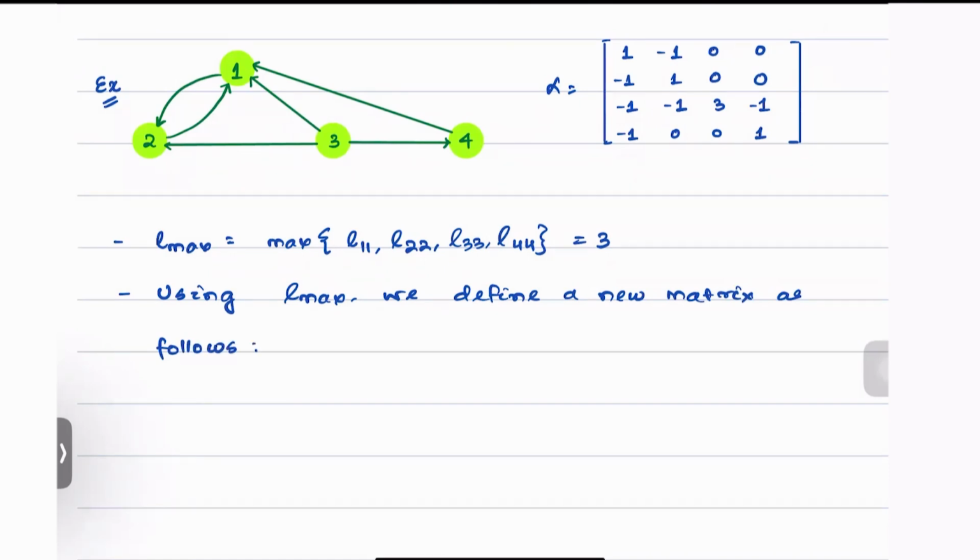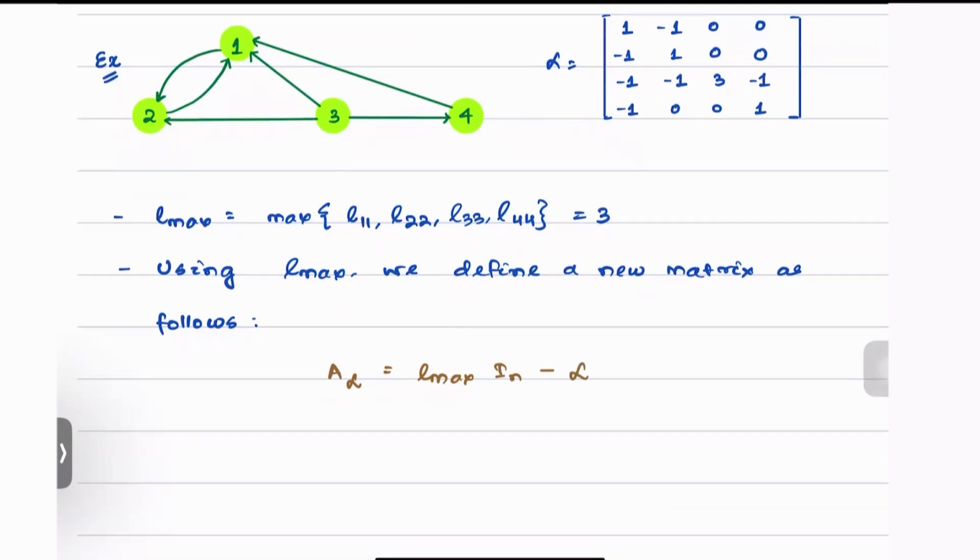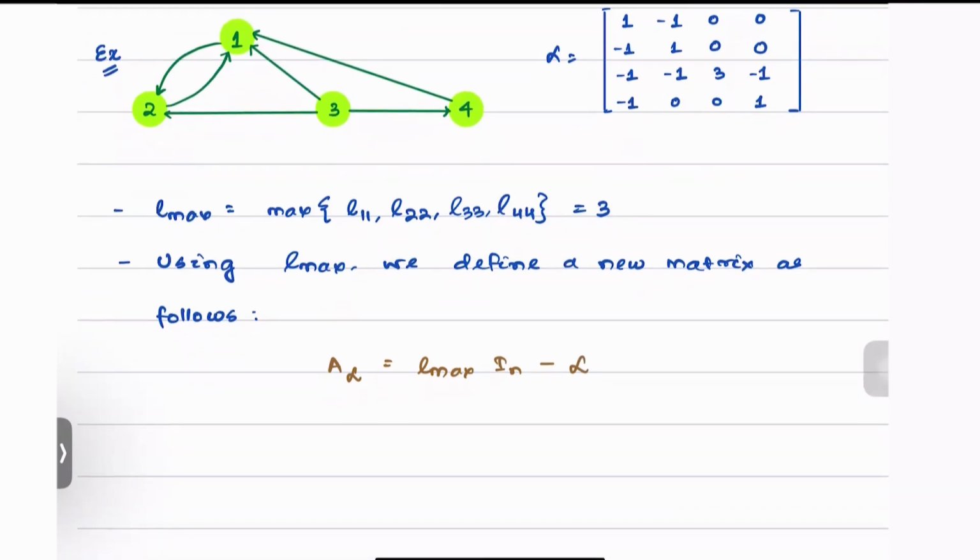Our new matrix, we call it AL, is equal to L max times the identity minus the Laplacian. So what does this matrix evaluate to for the digraph that is shown to us?